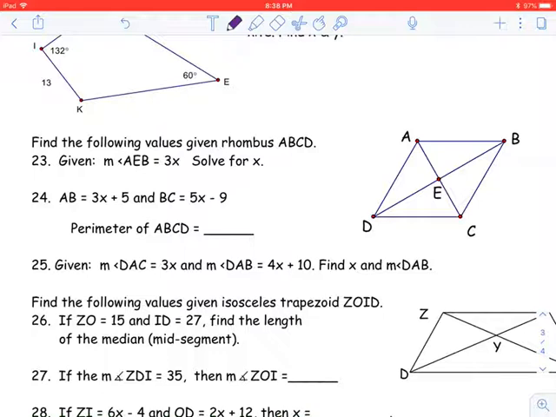Given that AEB, which is right here, is 3x, find x. If it's a rhombus, that is a 90-degree angle, so 3x equals 90, divide by 3, x equals 30. Done. But that has to be something you know or refer back to on your formula sheet.